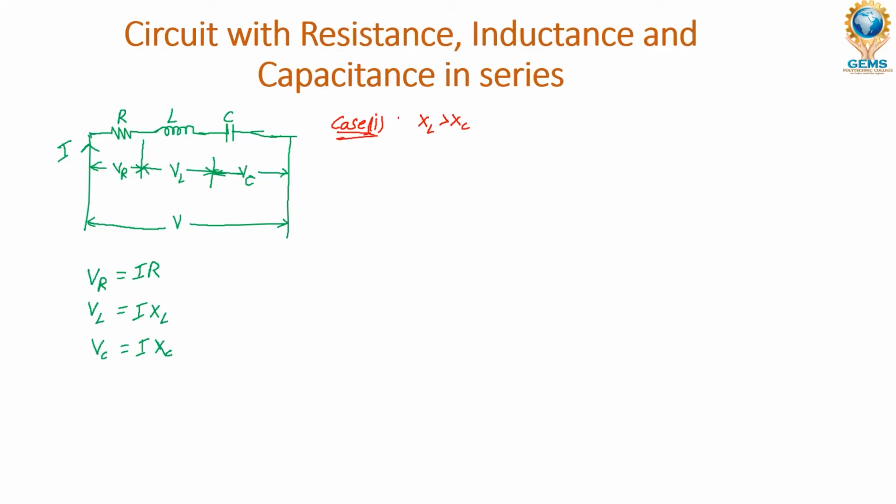Okay, then the diagram will be like this. This is current I. If you see the voltage VR, VR is in phase with it.